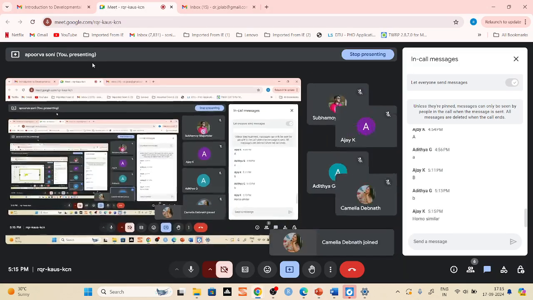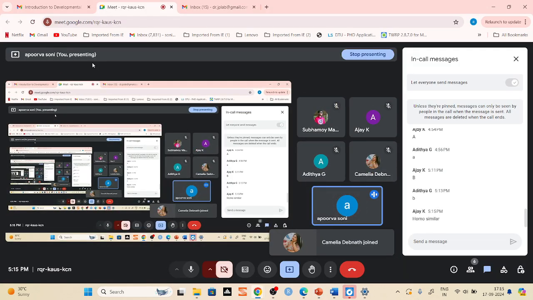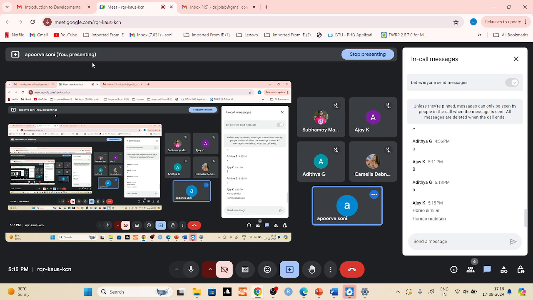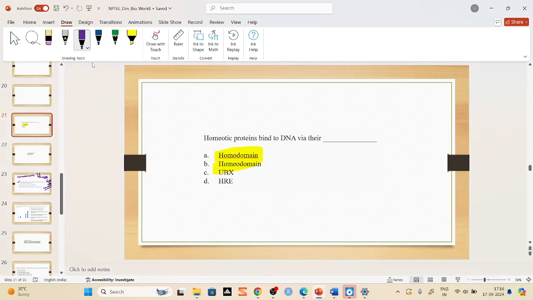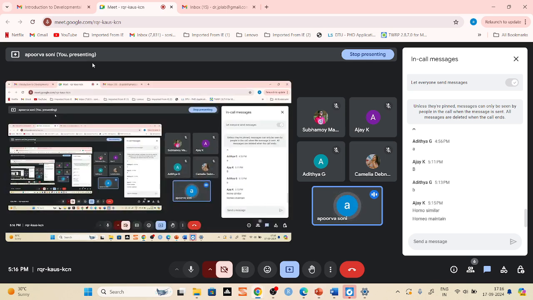Anybody? Homo is similar. Okay, then fine. Homo is similar. Then so what? Homeo means maintain. So what inference can you get from here? What is the difference between a homo domain and a homeo domain? Just an E?